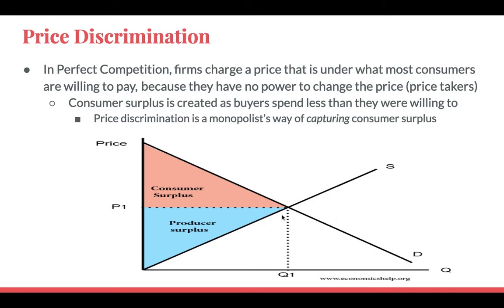On the other hand, all of the producers who had a willingness to accept below or equal to the equilibrium price participated in the market, and these producers up here did not. So there was consumer surplus and there was producer surplus.